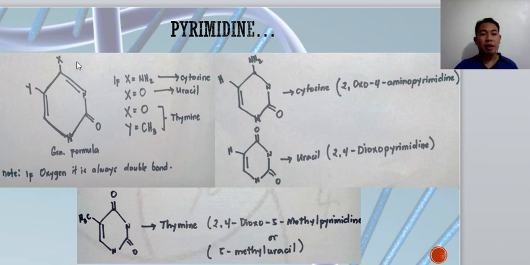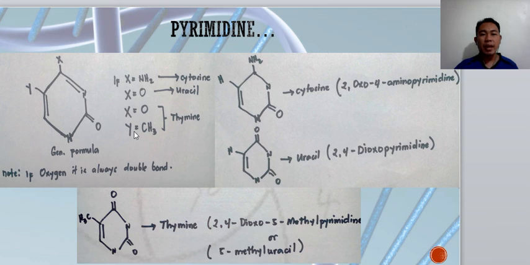This is the general formula, and we put X here and Y here. If the X in the structure is NH2, that will be cytosine. If the X is oxygen, the pyrimidine is uracil. If the X is oxygen and the Y is CH3, that means it is thymine.